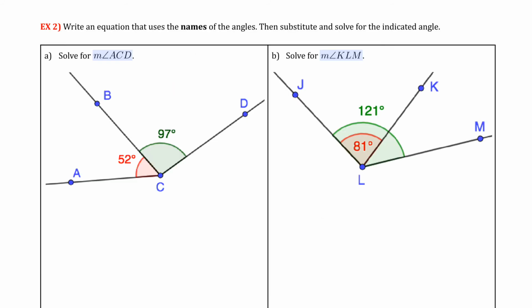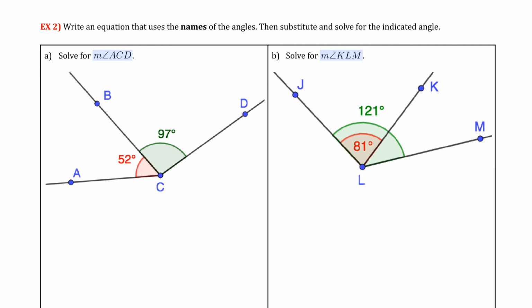All right, so let's use that angle addition postulate in an example. For example 2, it says to write an equation that uses the names of the angles. Then they want us to substitute and solve for the indicated angle. In this particular picture, they want us to solve for the measure of angle ACD. So that's actually this whole entire angle right here. I noticed that angle ACD is made up of two other angles.